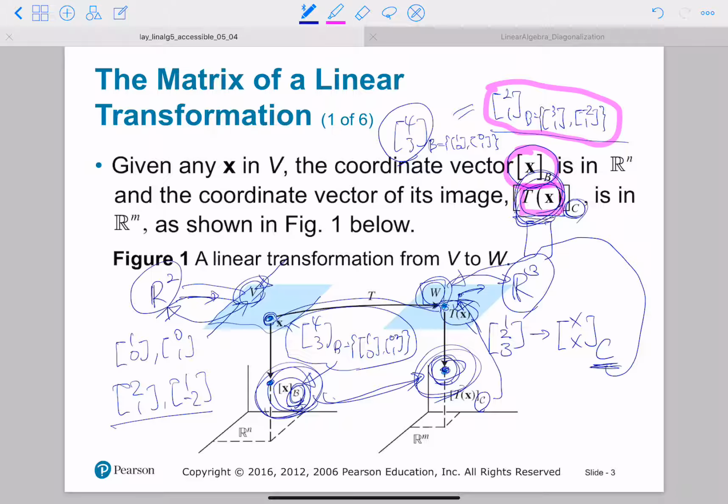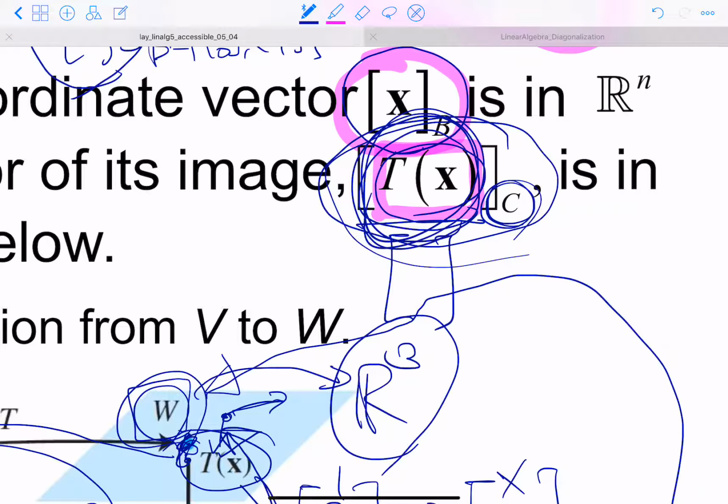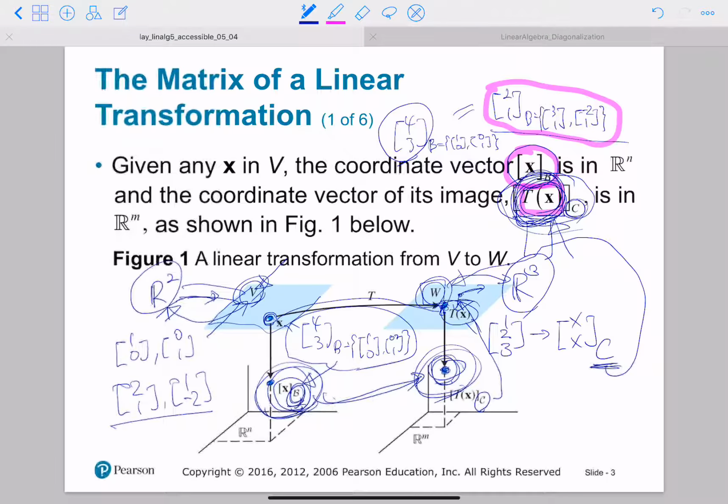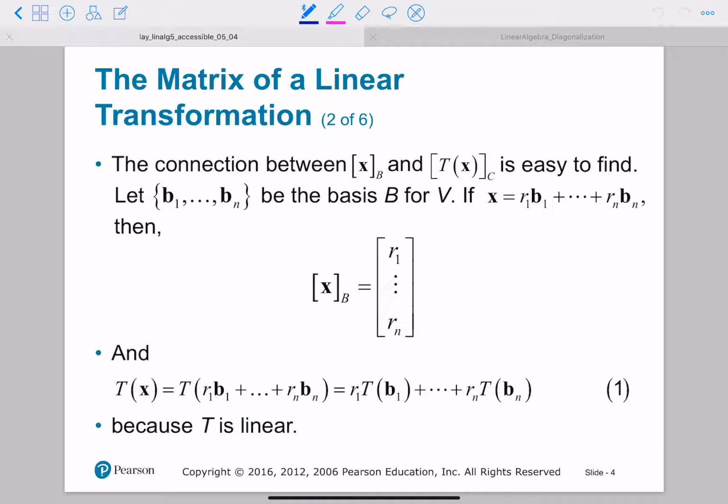So now you can conceptually understand this Tx as a fixed point, okay? But this fixed point is represented with respect to the basis of C, okay? Then what is the corresponding linear combination coefficient? That linear combination coefficient will be placed over here, okay? So let's familiarize ourselves with these notations.